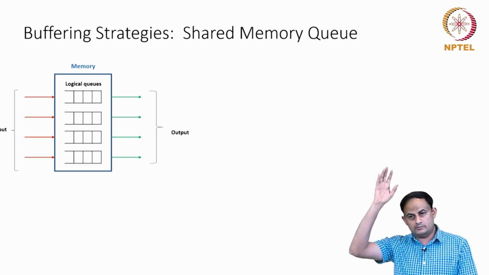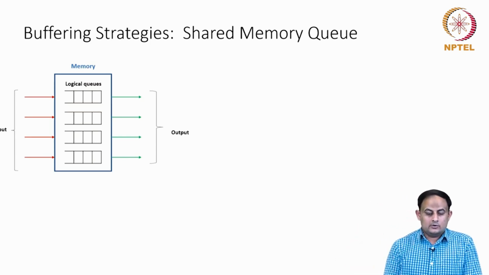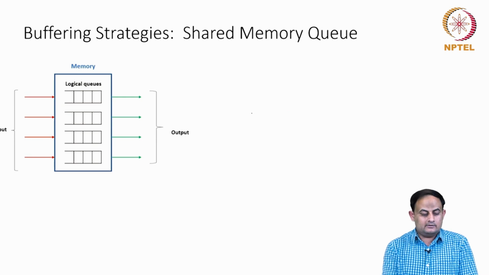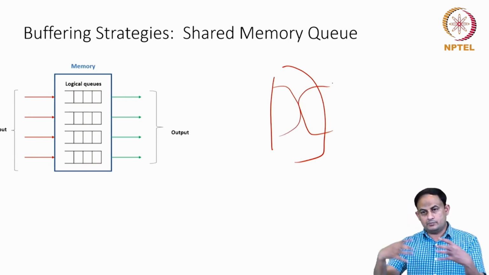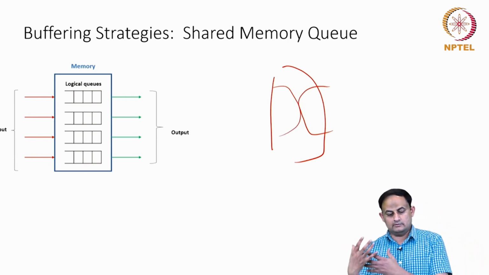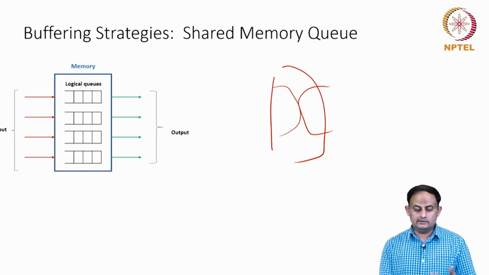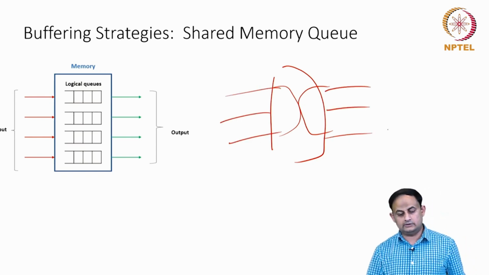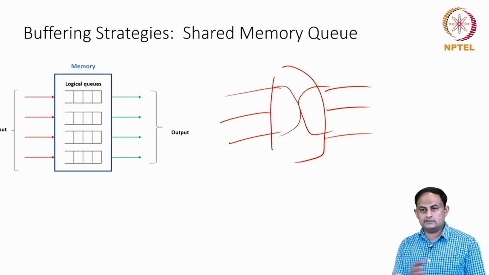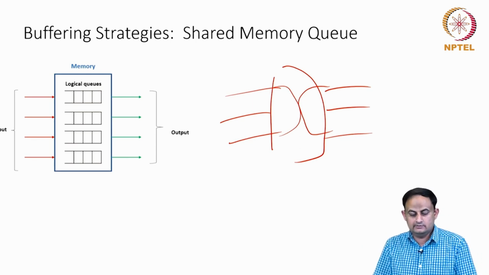When you have bursty transmission, the rate at which the switch fabric can transmit from one port to another port, or from input ports to output ports, is limited, and the input lines and output lines also have finite capacity with which they can do the transmission.